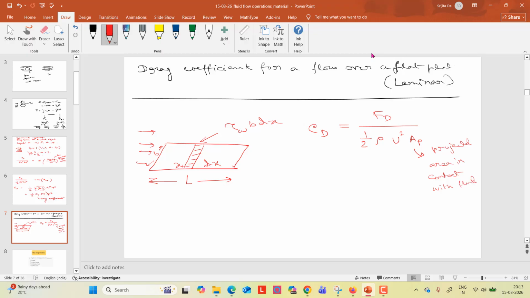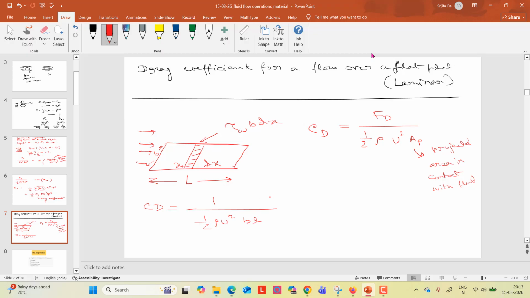So in case of this flat plate, the contact area is the flat plate itself. So it is BL. Now if I want to write CD, it will be FD divided by half rho u square times AP, which is B into L. FD is the drag force, right?